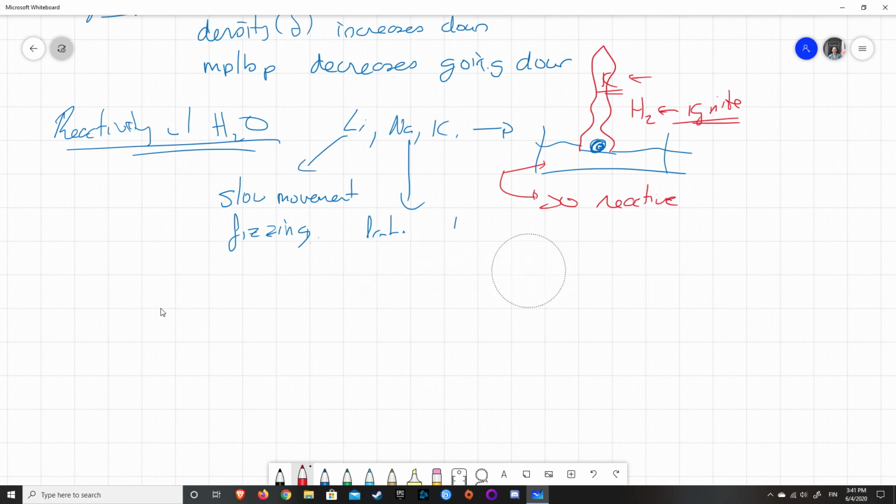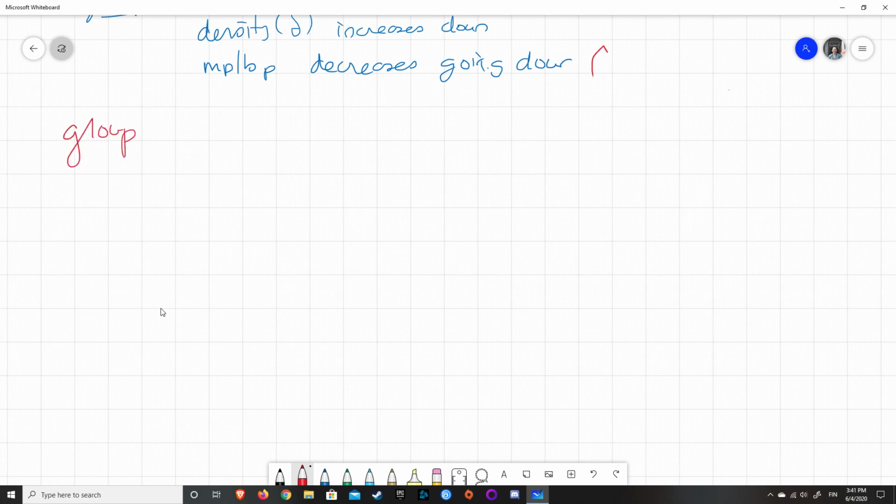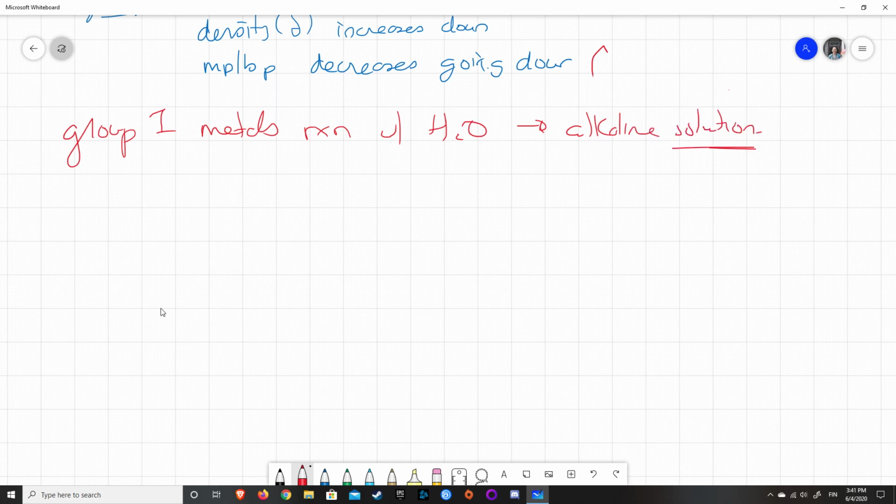And the last thing that I want to cover is that when group 1 metals react with water, it forms an alkaline solution. And we've got to cover why it forms an alkaline solution. This is the unit that almost everybody hates.